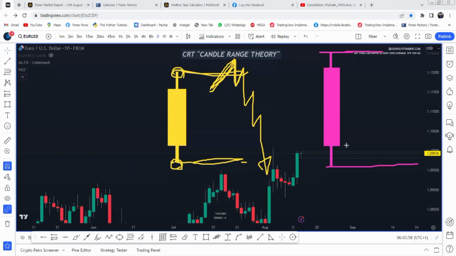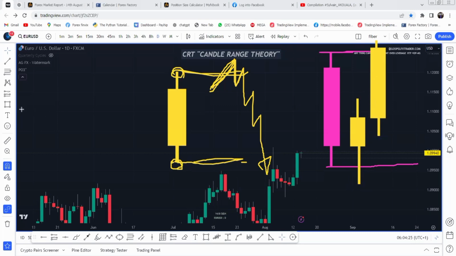The next candle opens like this, trades up, and then it takes the low of the previous candle. So it takes the low of the CRT candle. Then the next candle opens and it goes higher to target the high of the CRT candle.